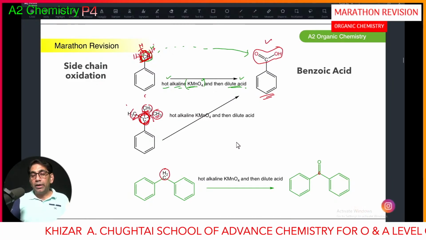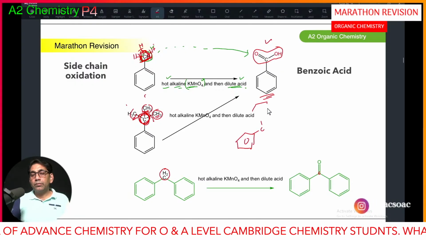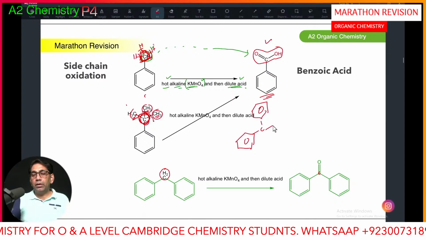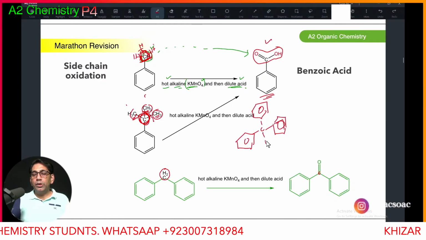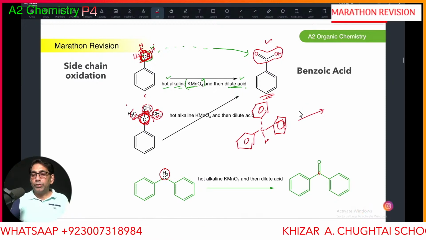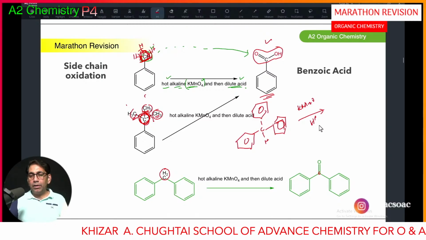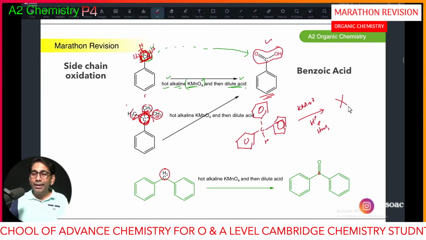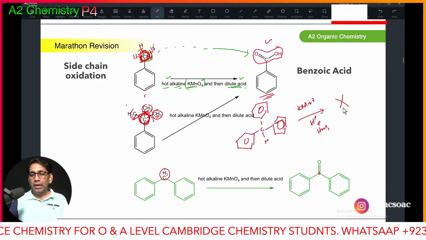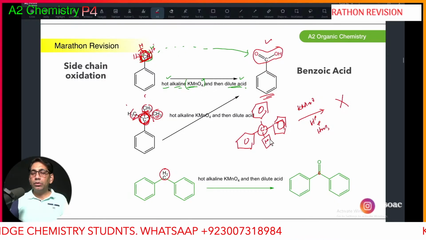Even if I write another compound, just for example, a carbon with two benzene rings and one hydrogen, and I introduce KMnO4 with acid plus heat for a long time interval, it cannot be oxidized. This carbon cannot make C double bond O because there is only one hydrogen.